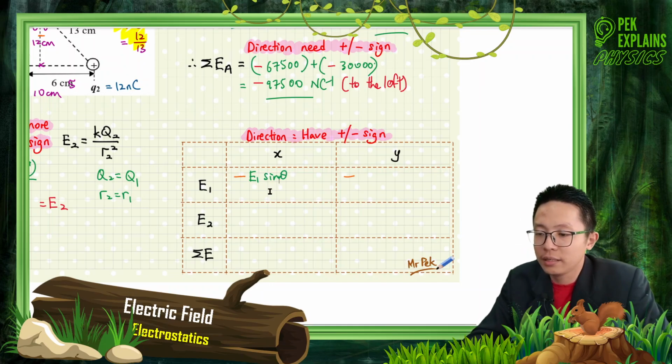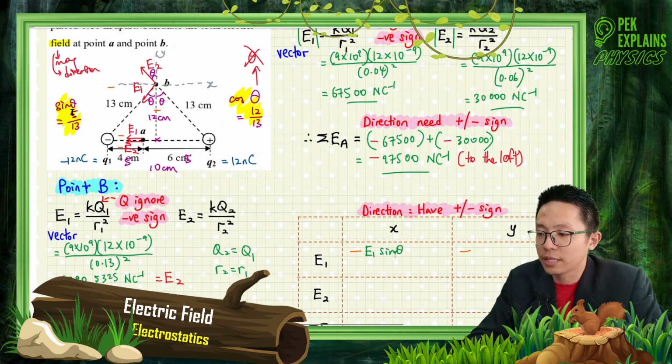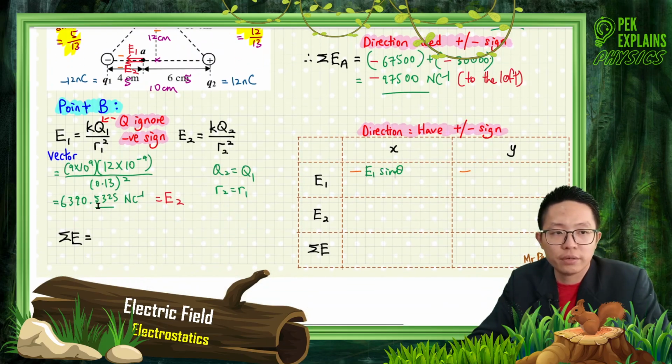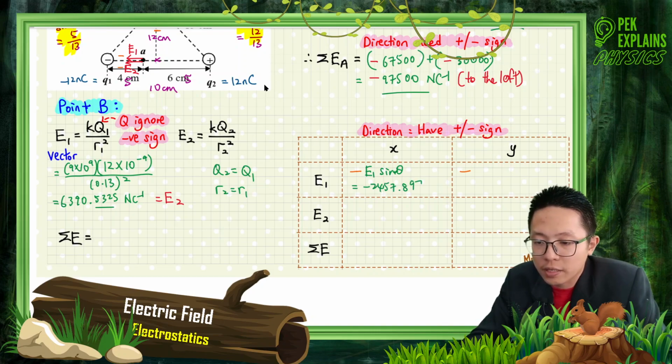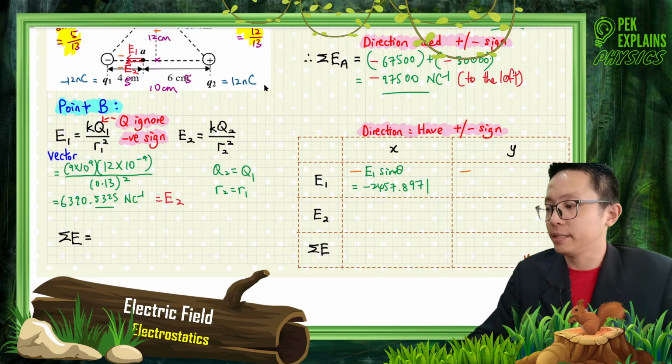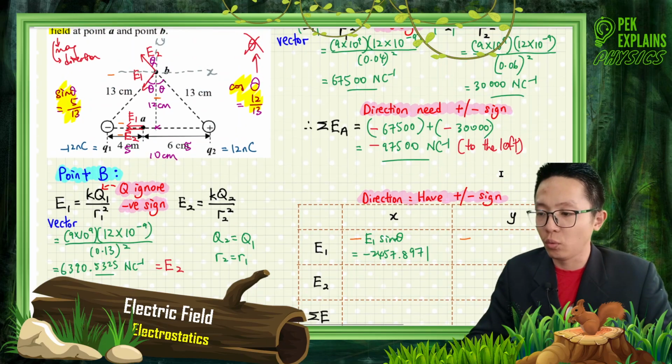Use the sin theta 5/13, and E1 is 6,390. Calculate and see what you get. After calculating, I got negative 2457.8971. That's it.